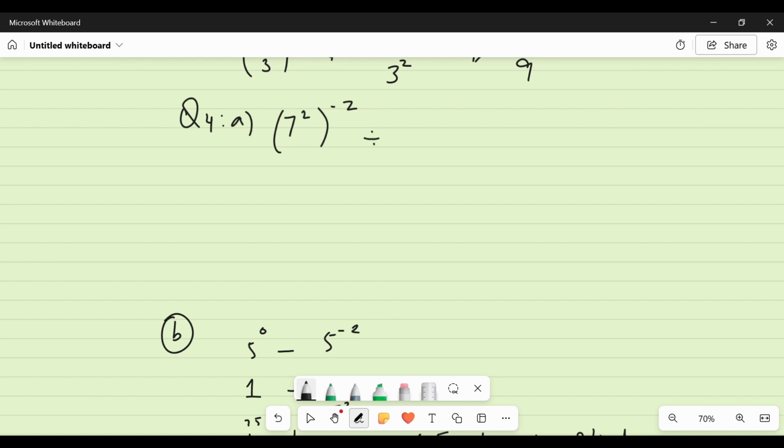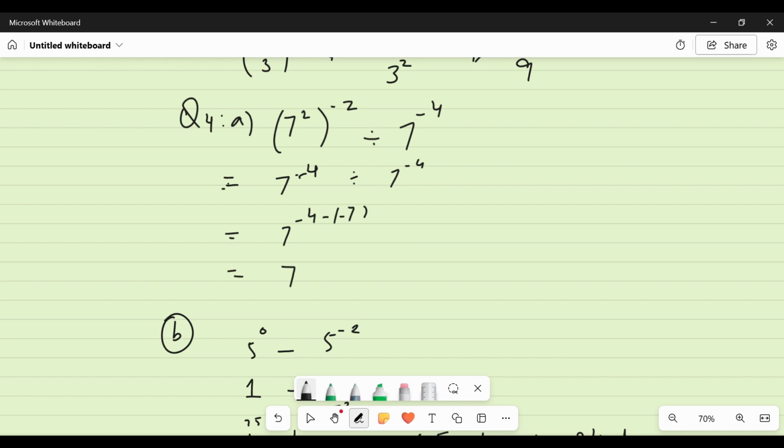Identify n to the power -4. Okay, as we know that power over power we multiply, right? The 7 here, 2 times -2 gives you -4, divided by 7 to the -4. When the bases are the same, we take one 7 common, and since it's a division sign, we take the minus sign, and the power on the next 7 is -4, so we write it in the bracket.